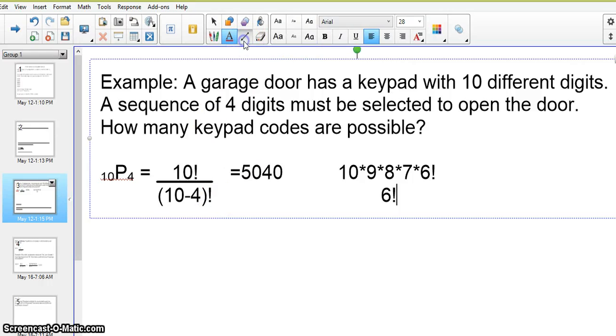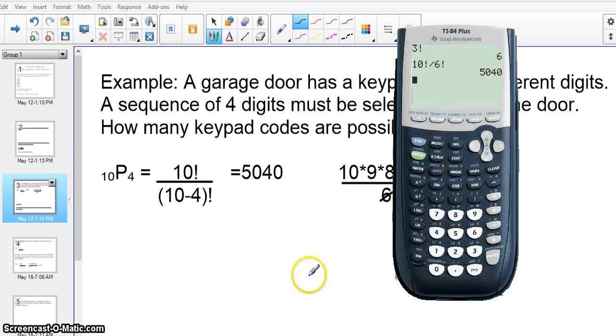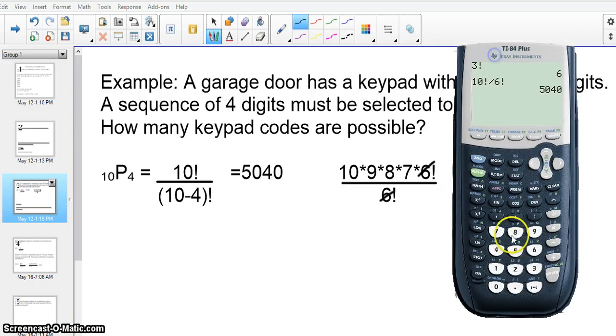So if you ever run into overload issues, you'll rewrite the numerator so that you can cancel out the denominator, and then you would just type in your calculator the part that remains. So that's 10 times 9 times 8 times 7, and you should get the same answer.